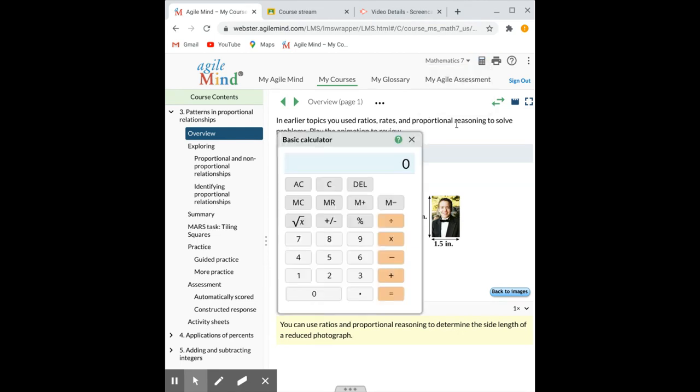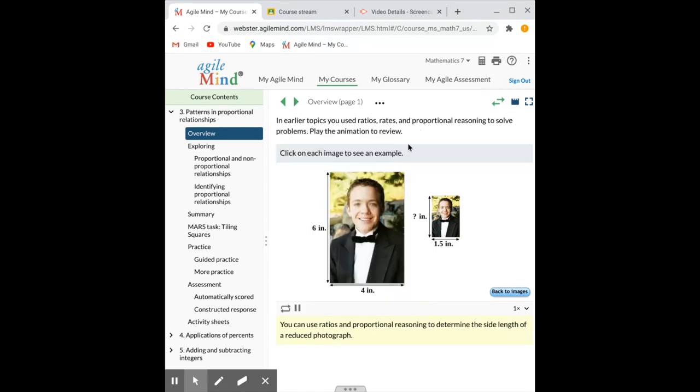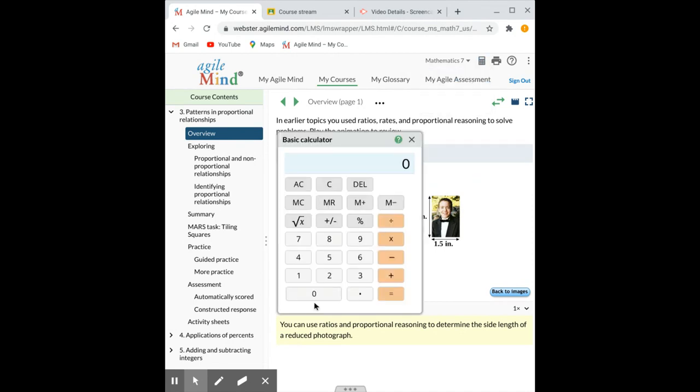So instead of multiplying, we're doing 6 divided by 4, and then we divide that by 1.5. That isn't right. Let's put it in the calculator the right way. 4 divided by 1.5 equals this.